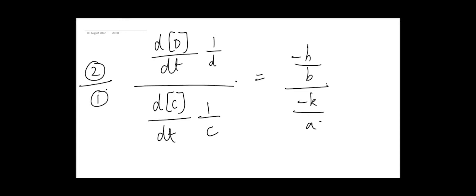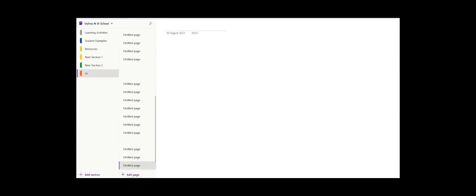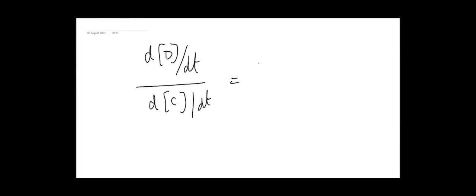By simplifying this, we get the ratio dd by dt, after cross multiplying, to be d divided by kcb, which is option number C.